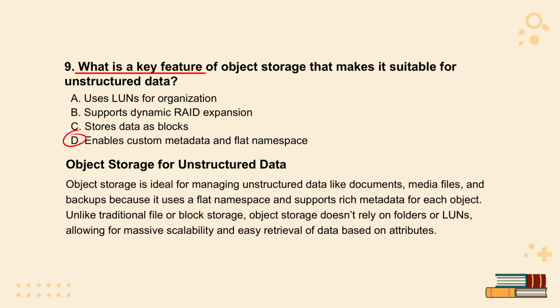And when you combine that direct access with the ability to attach really rich custom metadata, like tags describing the photo content, maybe? Exactly, or video length, or sensor data type, whatever. It makes it incredibly scalable and flexible for managing massive amounts of data where a folder structure just wouldn't work well or would become impossibly complex. Search and management are driven by the metadata, not the location. A much more modern way to handle unstructured stuff.